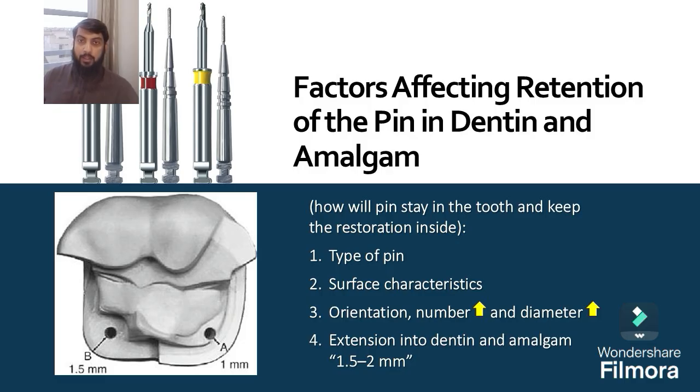The bigger the dentine pin in diameter, in its width, the more retention is increased. But ideally a dentine pin should go equally into the dentine and into the amalgam. So if your dentine pin is going to be 2 mm in the amalgam, it should be inserted into the dentine by at least 2 mm, so that it does not get dislodged when you condense amalgam or do something else.